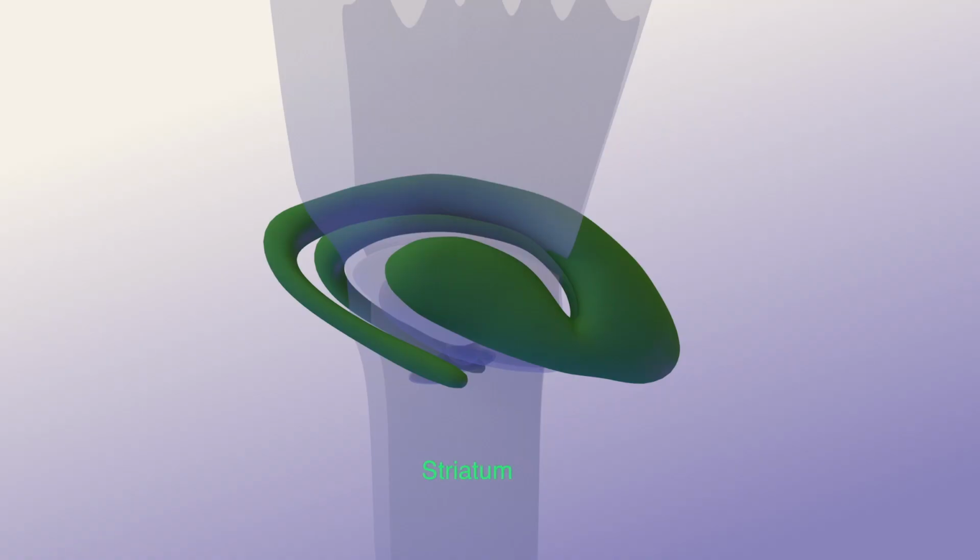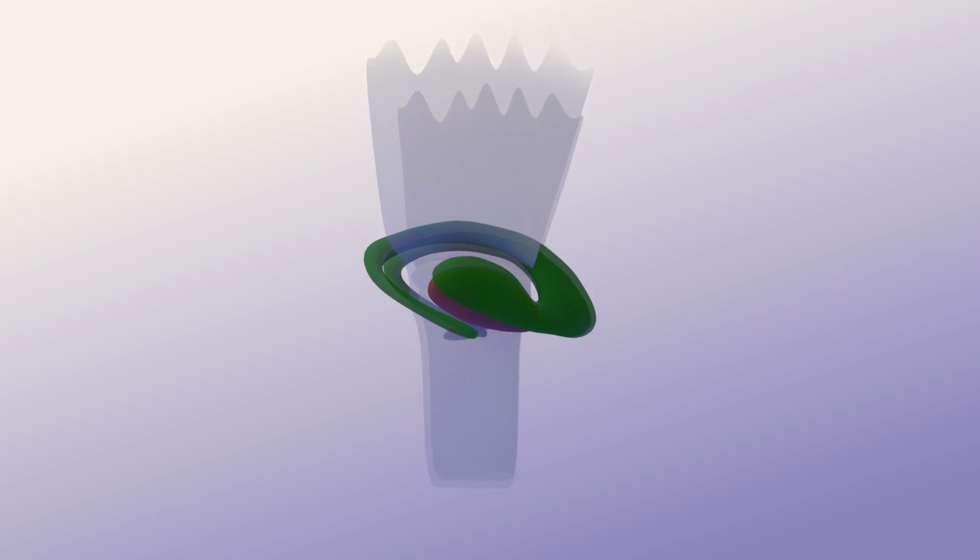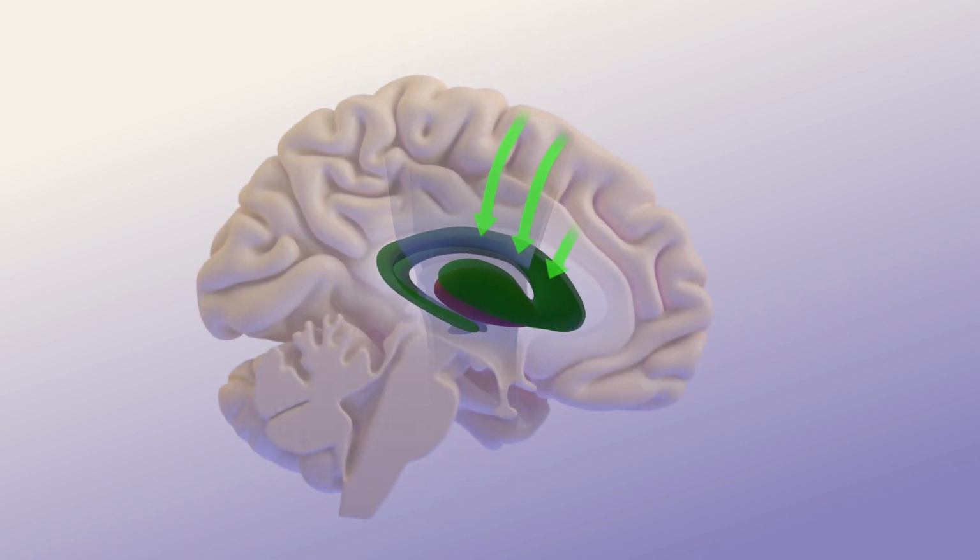The striatum is the major site of input to the basal ganglia, whereas the globus pallidus is the major site of outflow. Different feedback loops exist within this system, the details of which are beyond the scope of this course. The striatum receives input from the motor cortex, the premotor cortex, and the frontal eye fields.